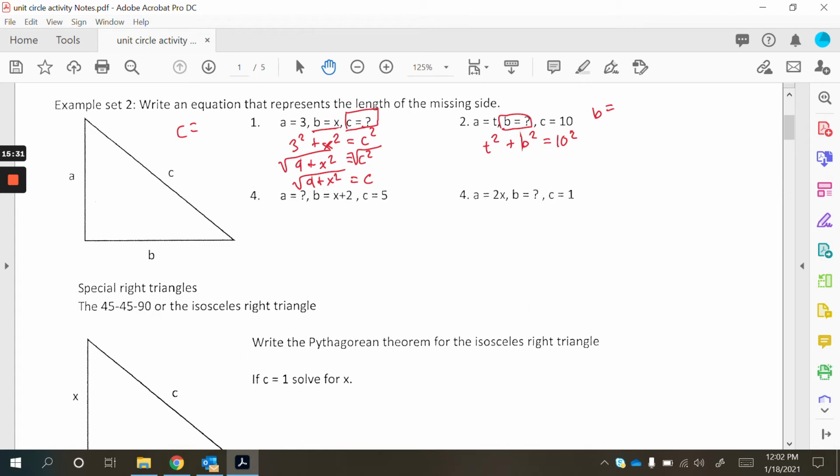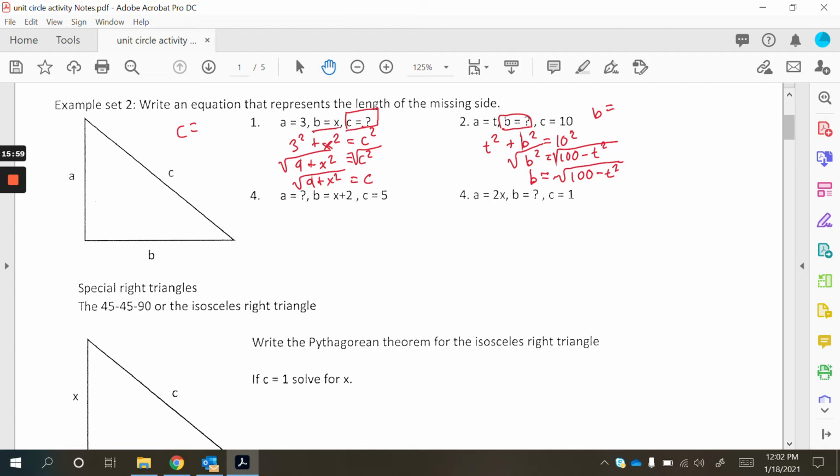So I'll minus the t squared from both sides. The 10 squared turns into 100, then minus the t squared. Now we just need to get rid of that square root. So square root of both sides, and we will get b equals, so this will be our answer, the square root of 100 minus t squared.